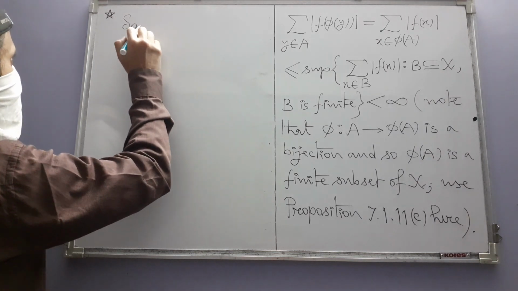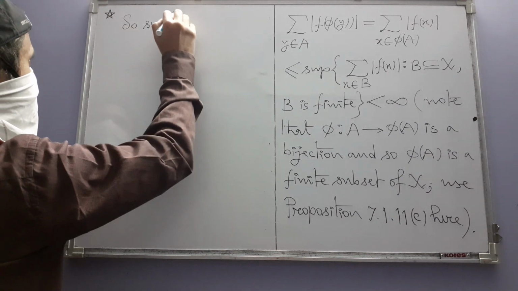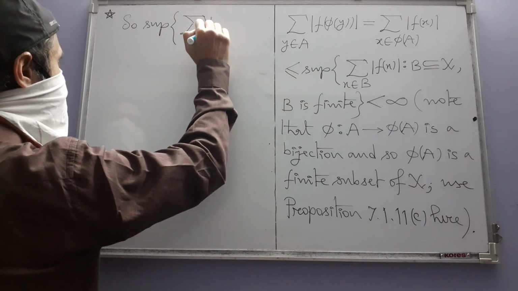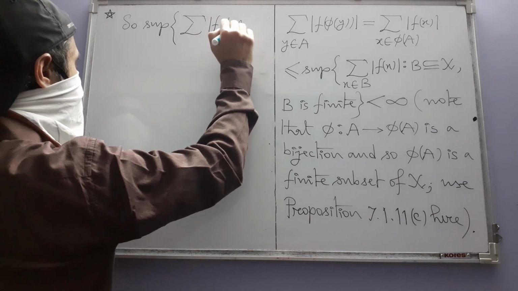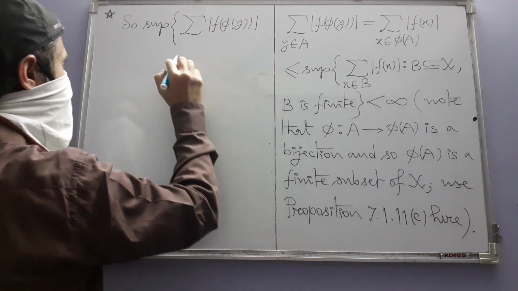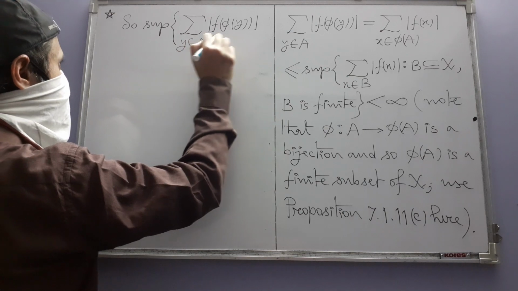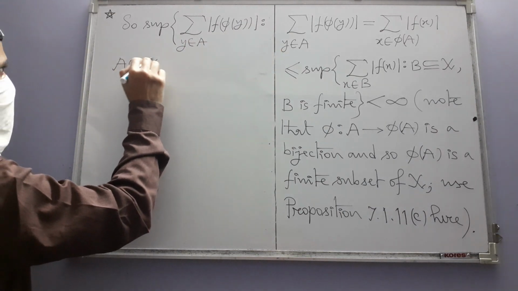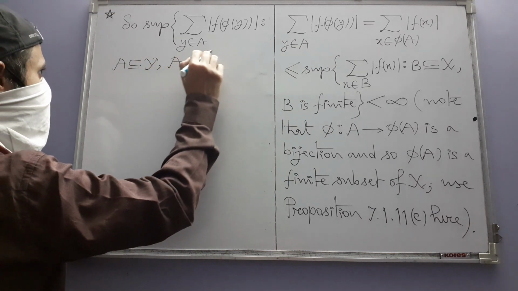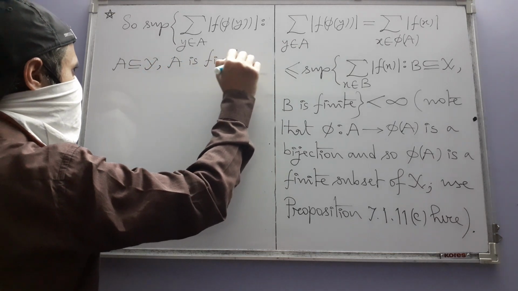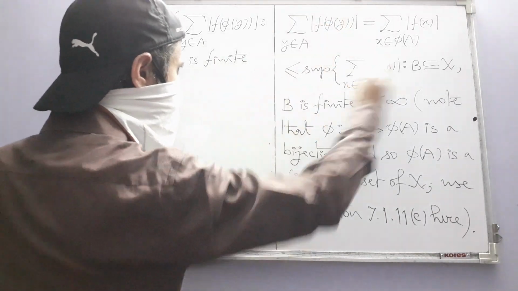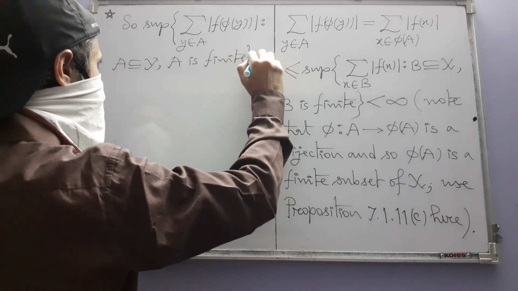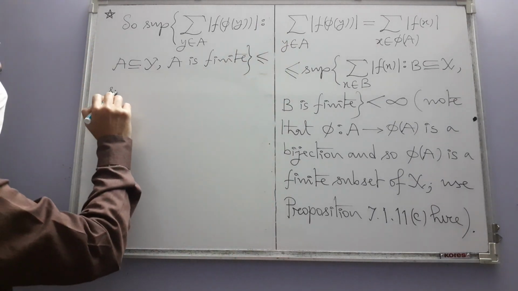So the supremum of this kind of sums, for this kind of sums, this supremum is an upper bound, so their own supremum will be less than or equal to this upper bound.